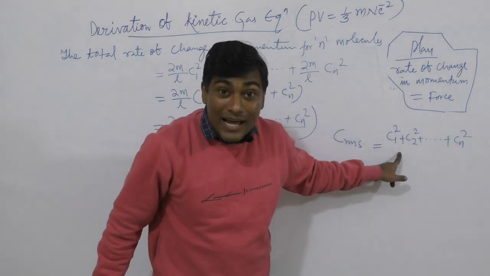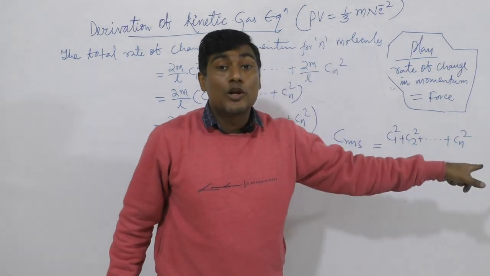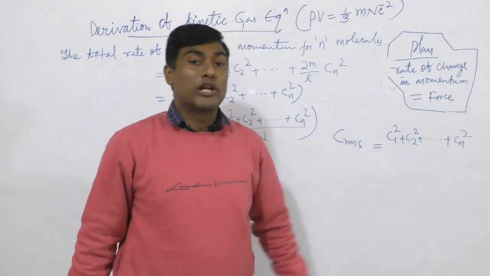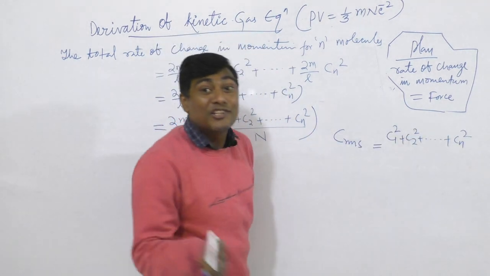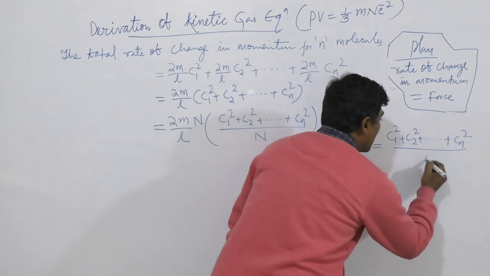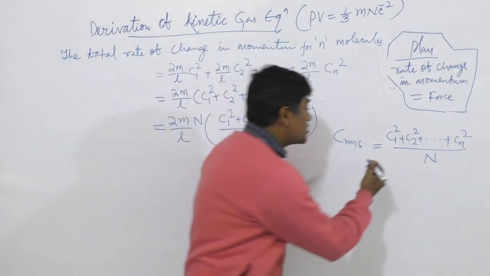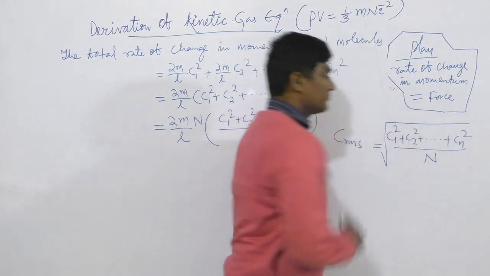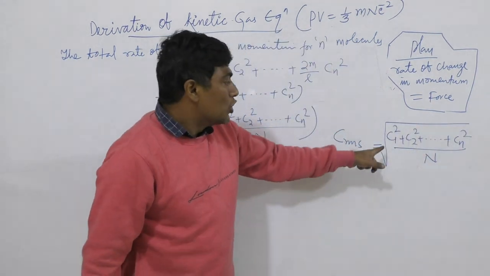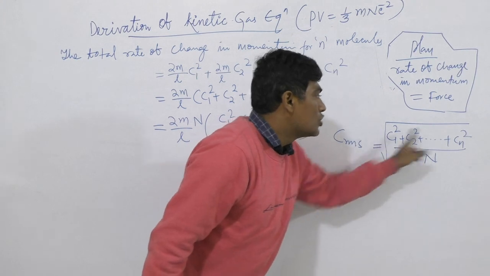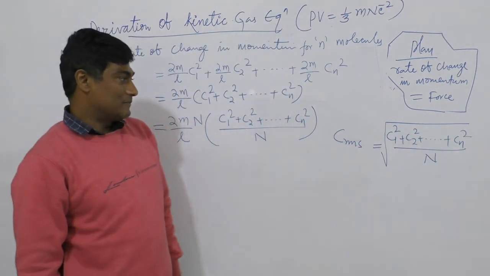This is the total of the squares of the velocities of all the n molecules. Then take the mean, meaning divide by the total number of molecules n, and take its root.